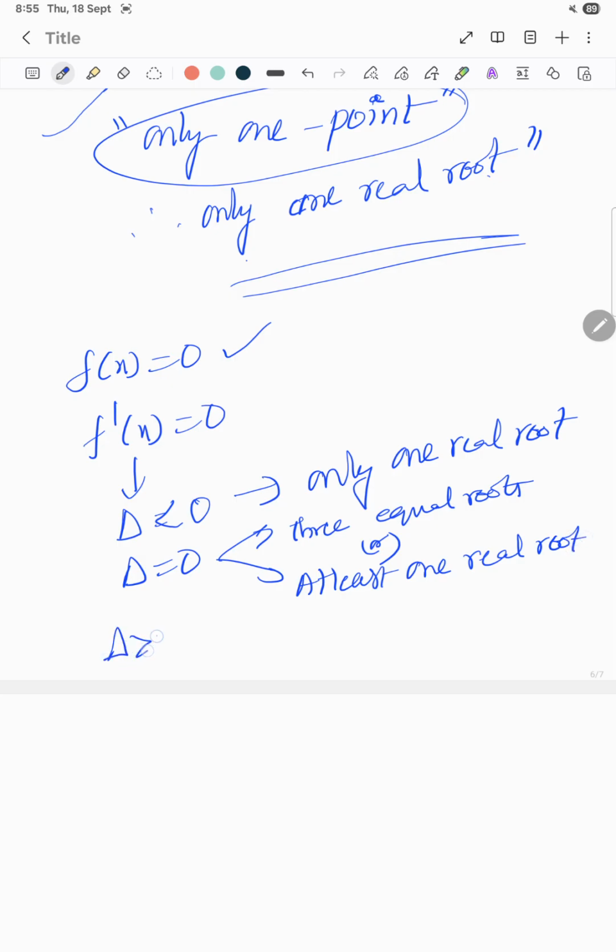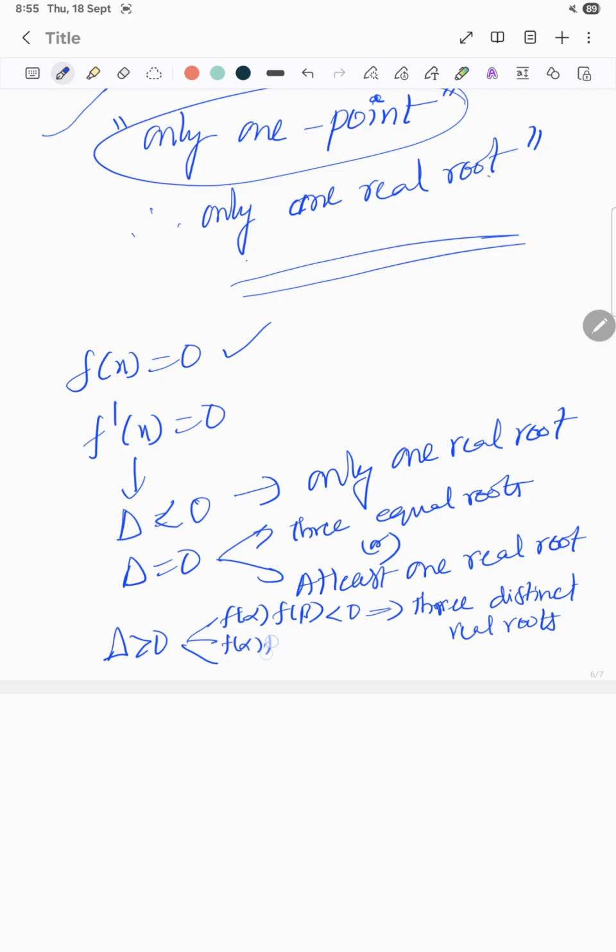And for delta greater than 0, there are three cases: f of alpha into f of beta, where alpha and beta are the two distinct roots of f dash of x equal to 0. F of alpha into f of beta less than 0 means three distinct real roots.